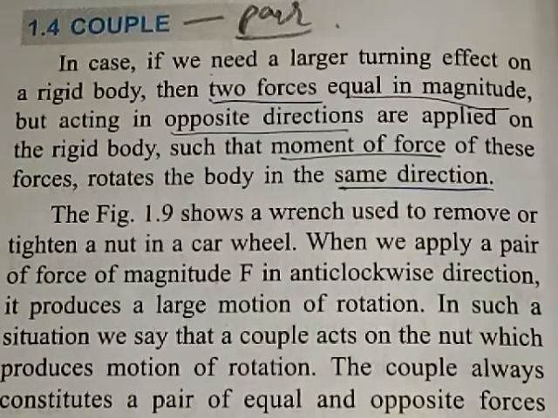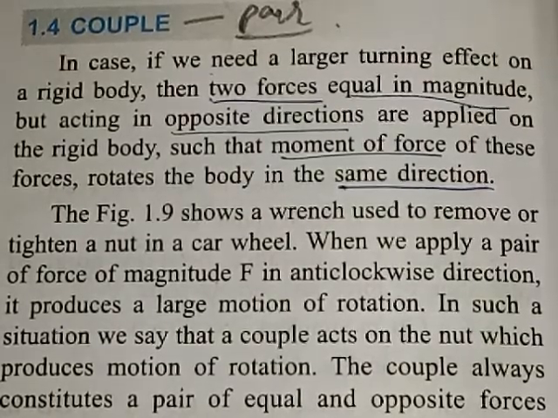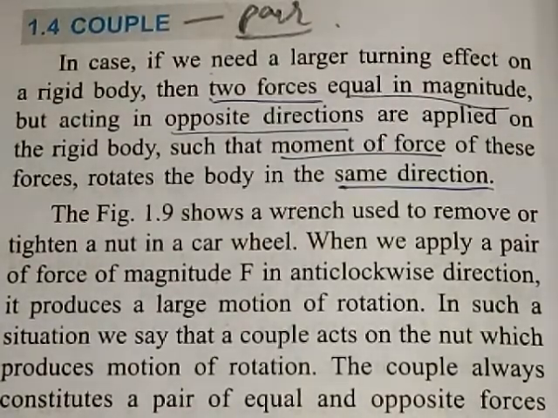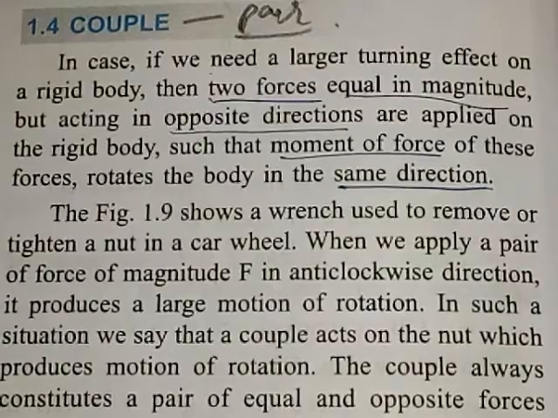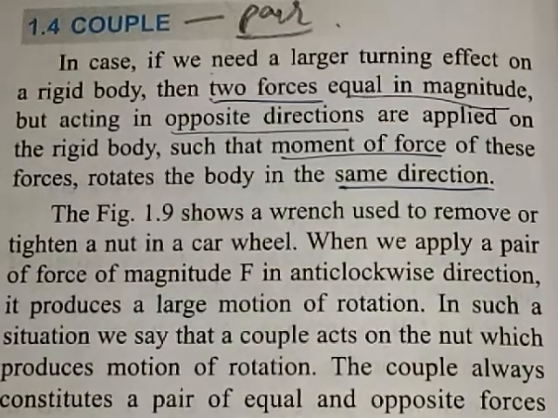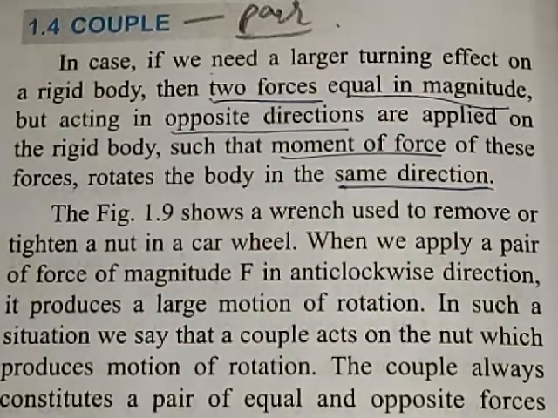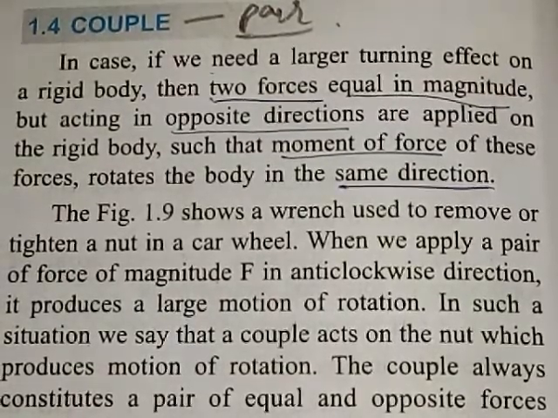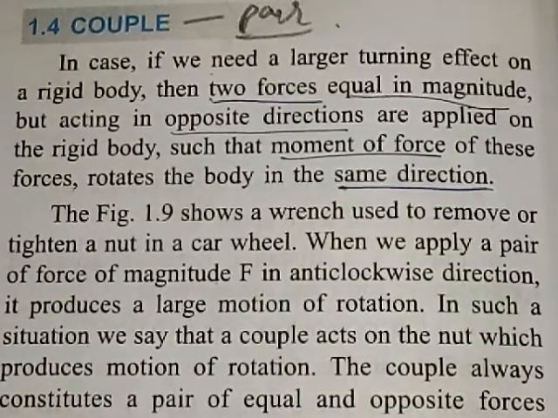Then how is it possible in the case of a couple that the two equal and opposite forces produce movement? For that, the two equal and opposite forces act along different lines of action. It means in a couple the lines of action of the two forces are different.